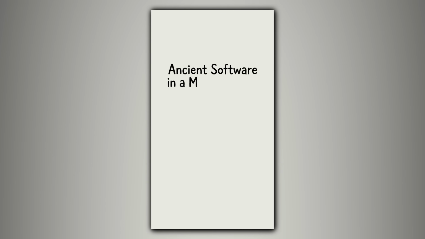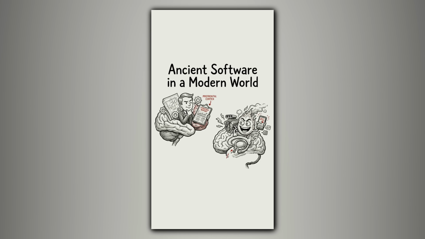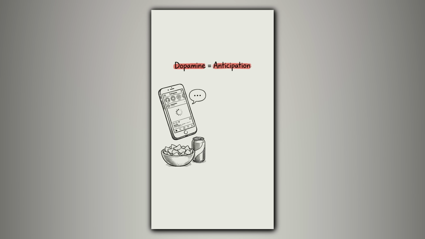Your brain is running ancient software in a modern world. The prefrontal cortex, your planner, says finish the report, but the limbic system, your impulse engine, screams check your phone. It wants dopamine now. Here's the trick. Dopamine isn't about pleasure, it's about anticipation. Scrolling, snacking, refreshing, these deliver tiny, unpredictable hits.